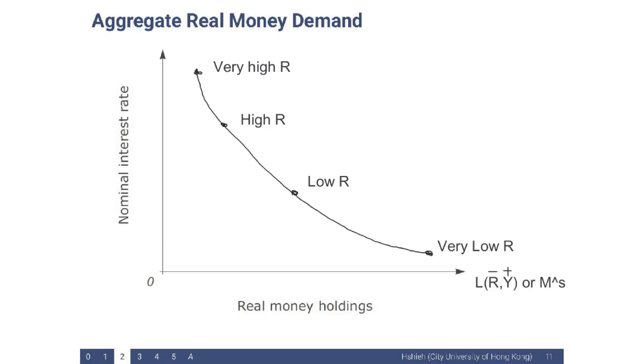Is it positive or negative? Should it be downward sloping or upward sloping, based on this graph, given the defined axes? Downward, right? Downward sloping. Because again, negative relationship.